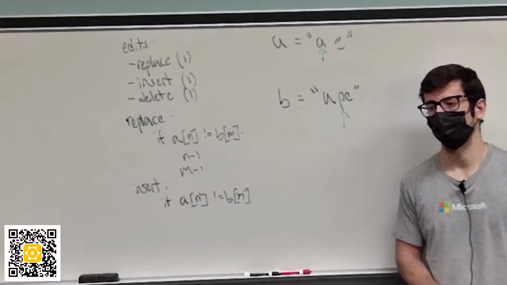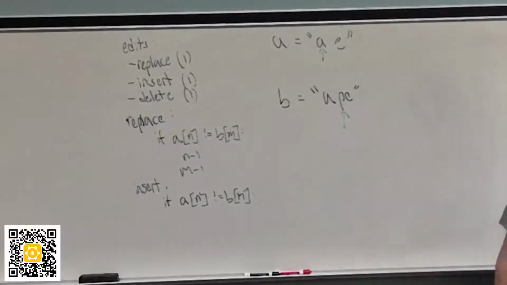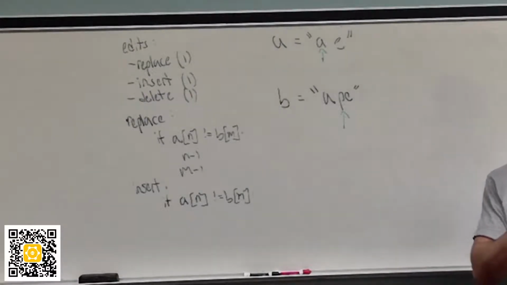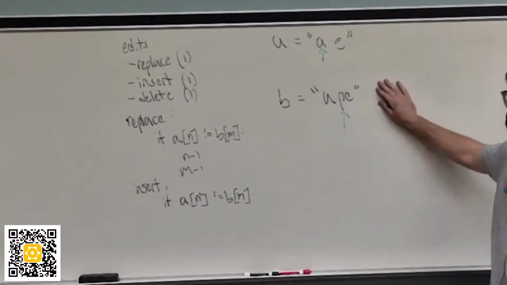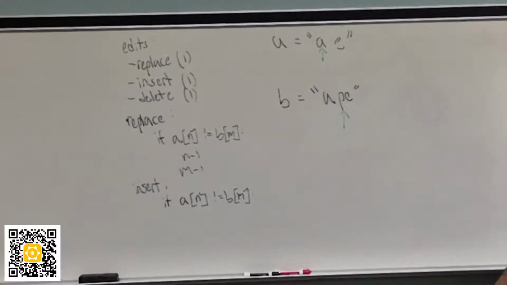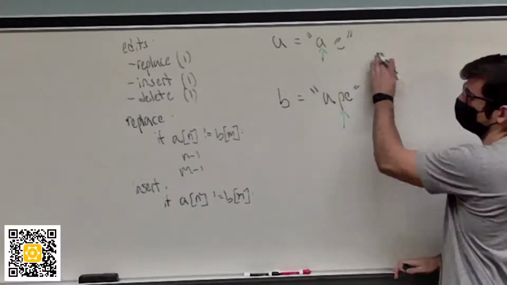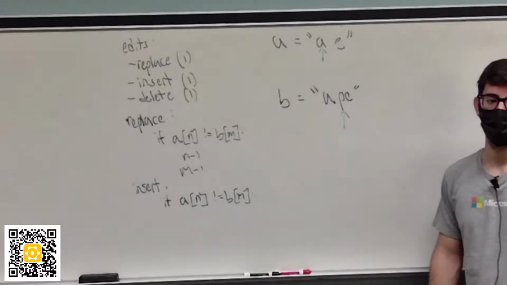Don't you have to be consistent with the one you're editing? Like once you start editing one, don't you have to keep editing that one? Yes, but if you continue that way and then you do it the inverse way, right? Let's say we're trying to do A to B. We'll be inserting here, but let's say we're trying to do B to A, we'll be deleting. So the entire time you will be editing the same one.